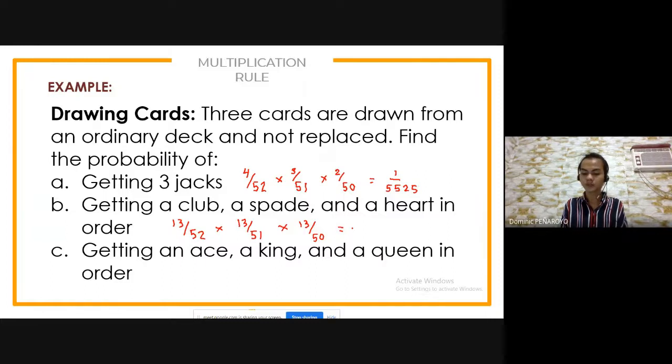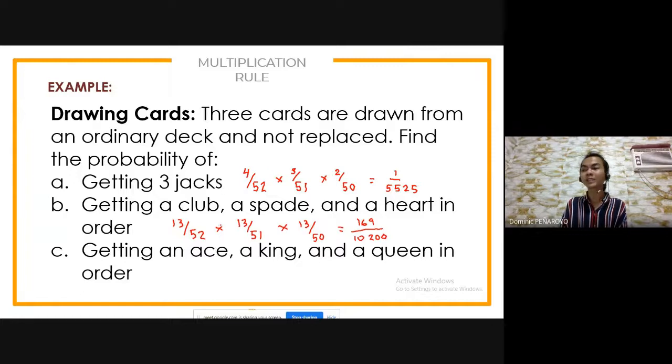So, using again your calculator, 13 over 52 times 13 over 51 times 13 over 50. So we will have here the probability of getting a club, spade, and a heart in order is 169 over 10,200. Okay, so that is the probability of getting a club, a spade, and a heart in order.